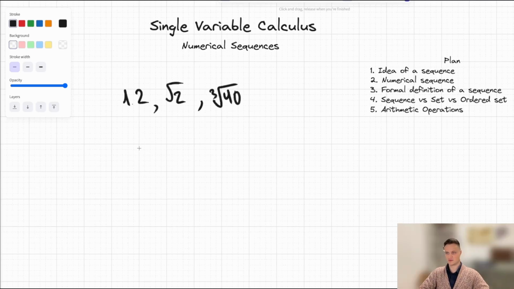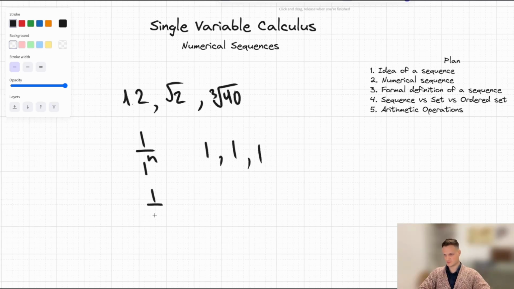For example, I will give a definition of a sequence a bit later, but there may be a sequence of fractions like this. For example, the first element, where n is equal to 1, will be 1. The second one will be 1, and so on and so forth.